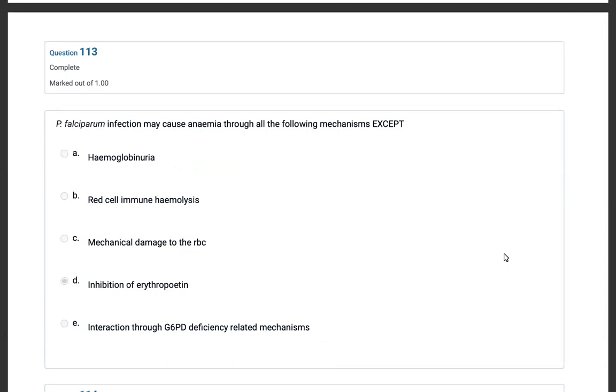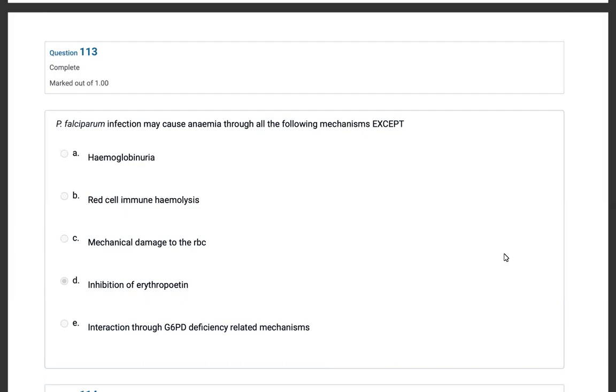Now, P. falciparum infection may cause anemia through all the following except. This I have taken directly from the notes. Choice A, B, C, and E are all correct. Maybe inhibition of erythropoietin.